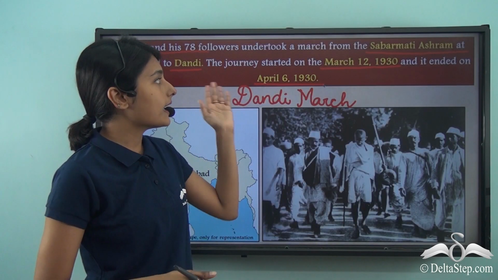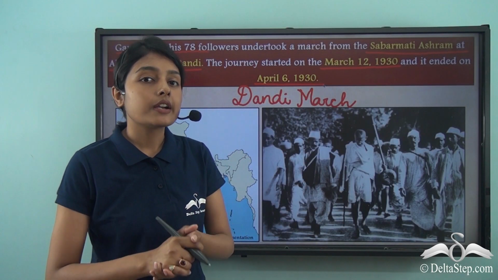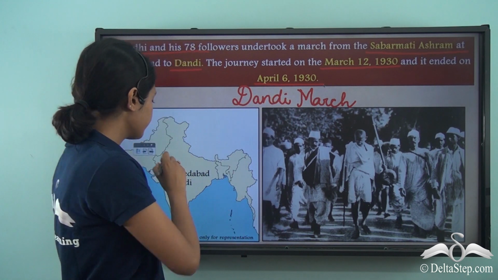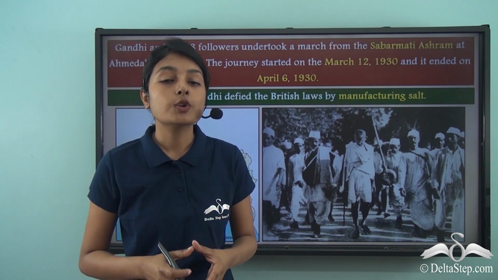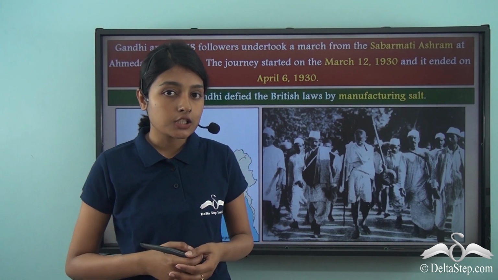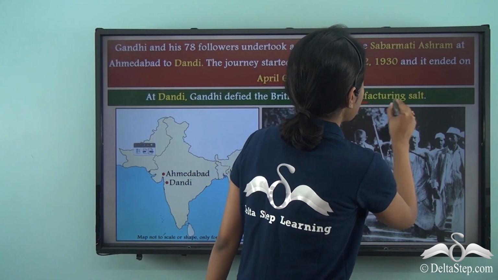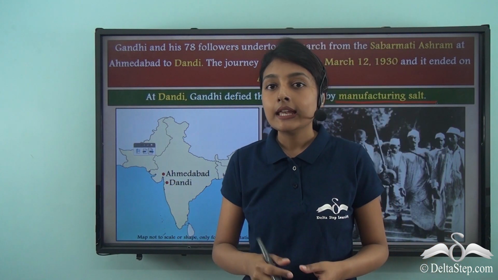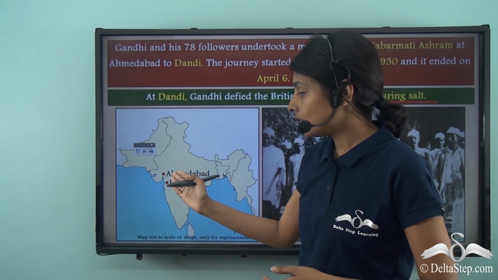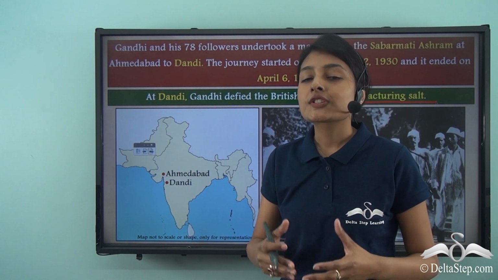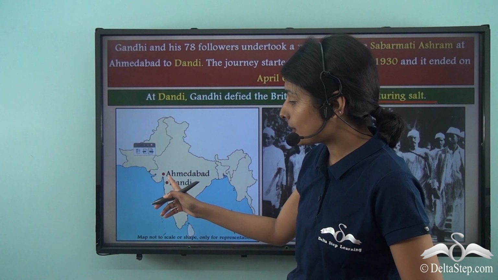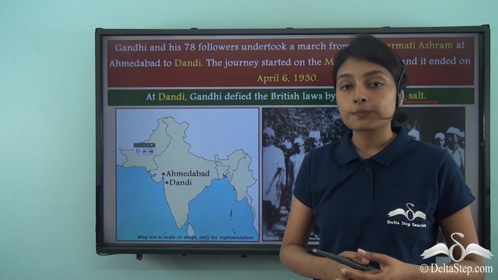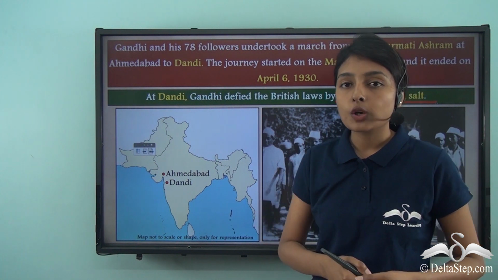And after Gandhi and his followers arrived at Dandi on April 6, 1930, they now defied the British salt laws by manufacturing salt. So Dandi, as you can see here, is located very close to the Arabian Sea. So saline water was obtained from the Arabian Sea, from which then salt was obtained by evaporating the water.